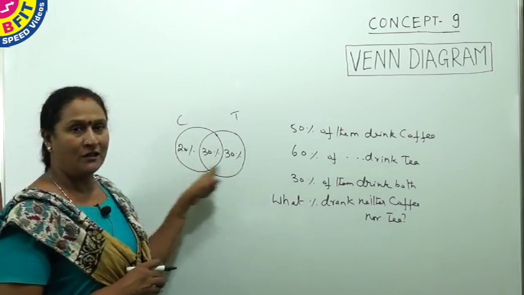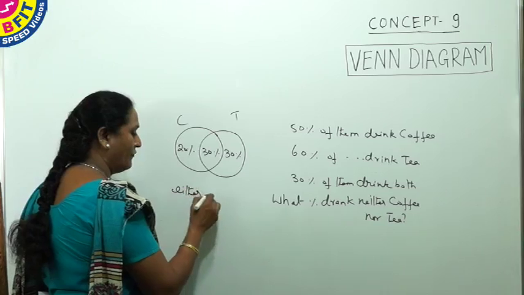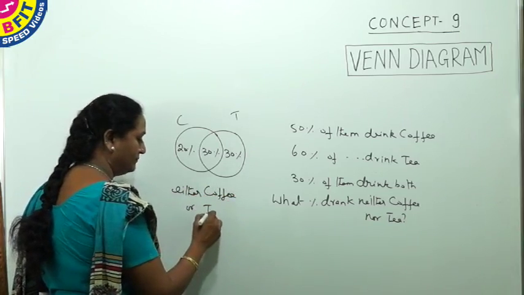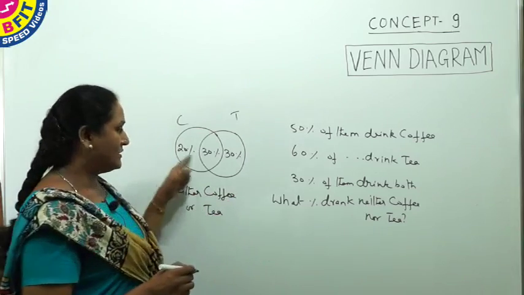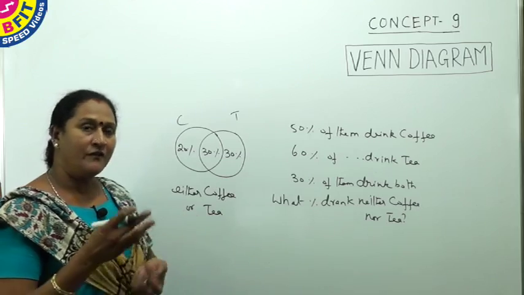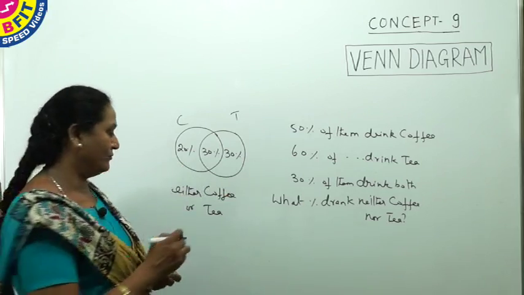So adding all this, we'll get the detail of either coffee or tea. This is the value which we get for either coffee or tea, or if they mention at least one, it also gives this value.